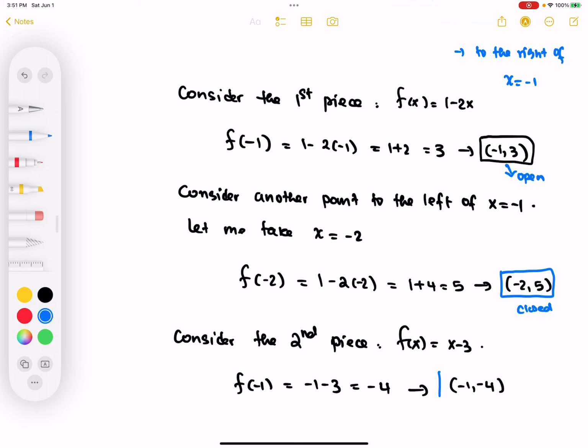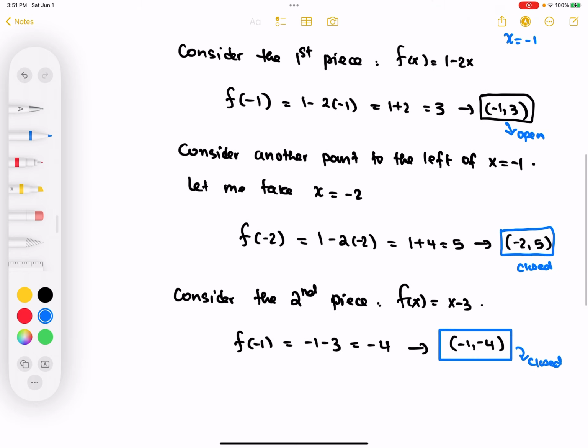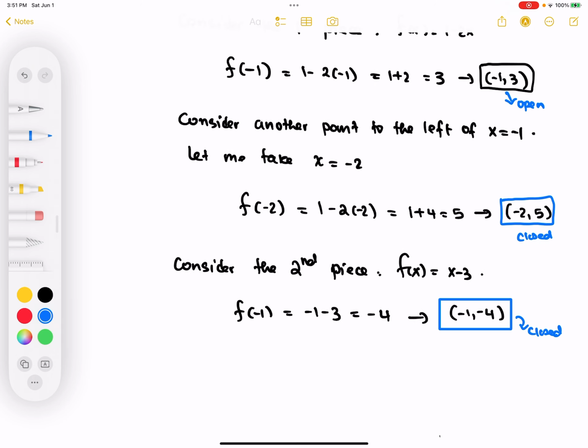Remember that this point is closed, because look at the problem. Now take one point to the right of x equal to negative 1.